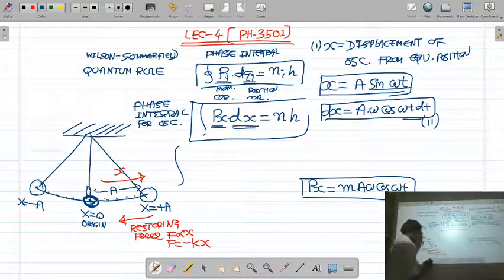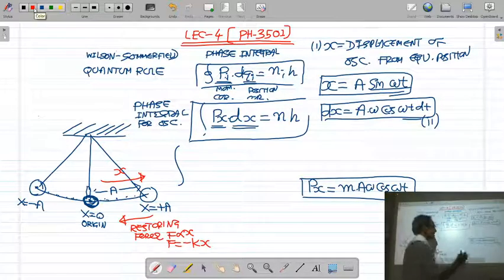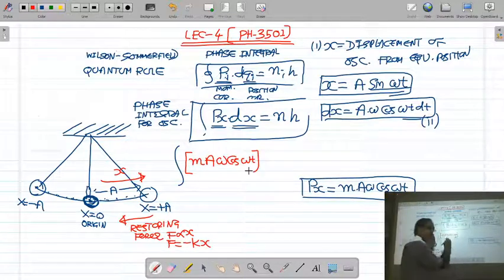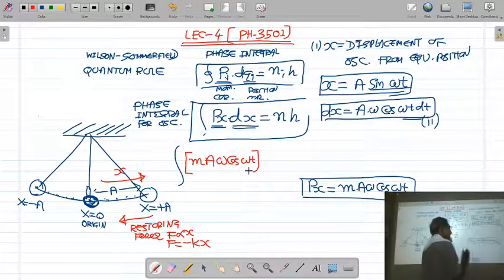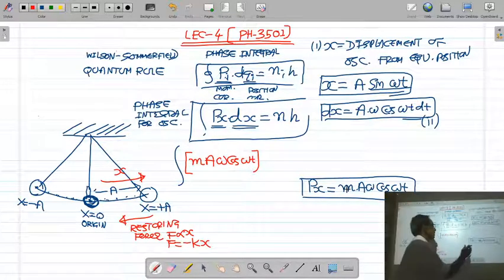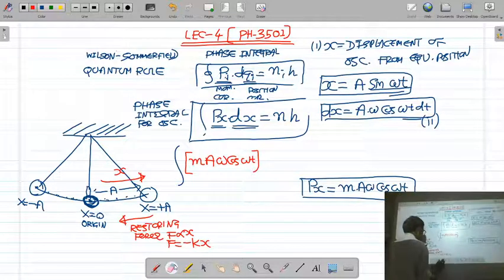So let us substitute these two values. Integration of, first of all, let us put the value of momentum Px of the oscillator, which is m A omega cos omega t. So this is the value of momentum Px of the oscillator, which is mass into velocity. Here m is the mass of the oscillator, and the velocity of the oscillator is A omega cos omega t.